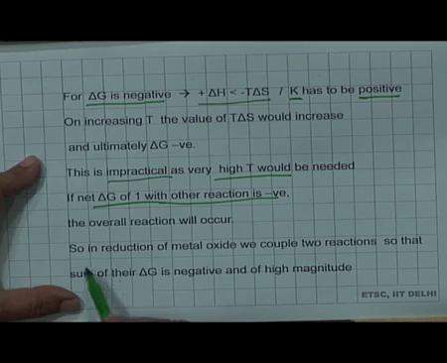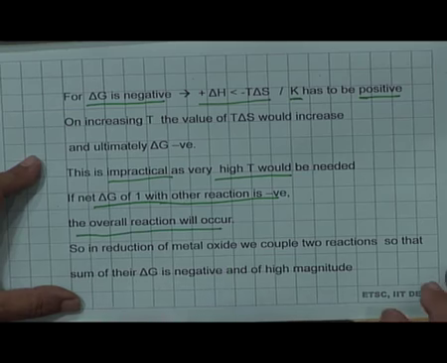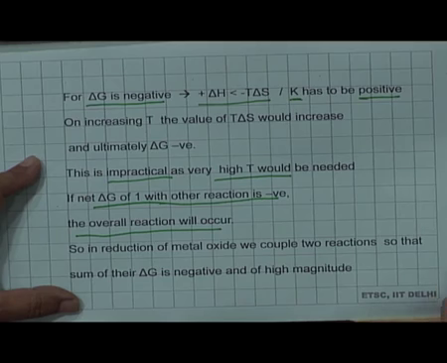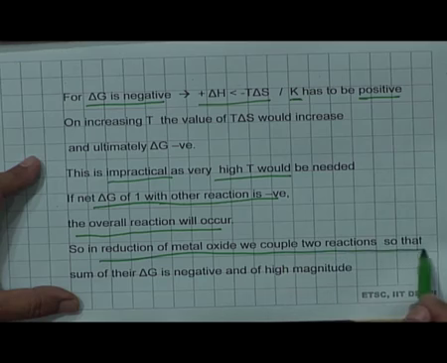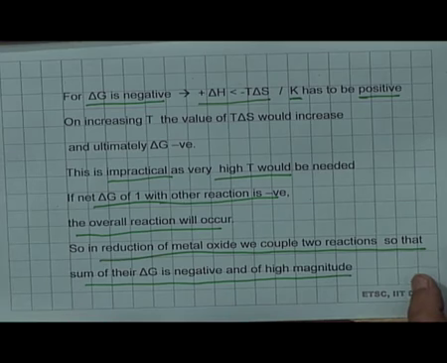Then the overall reaction will occur, and for the overall reaction delta G will become negative. So, in the reduction of a metal oxide we couple two reactions so that the sum of their delta G is negative, and not merely negative, but negative of sufficient magnitude.